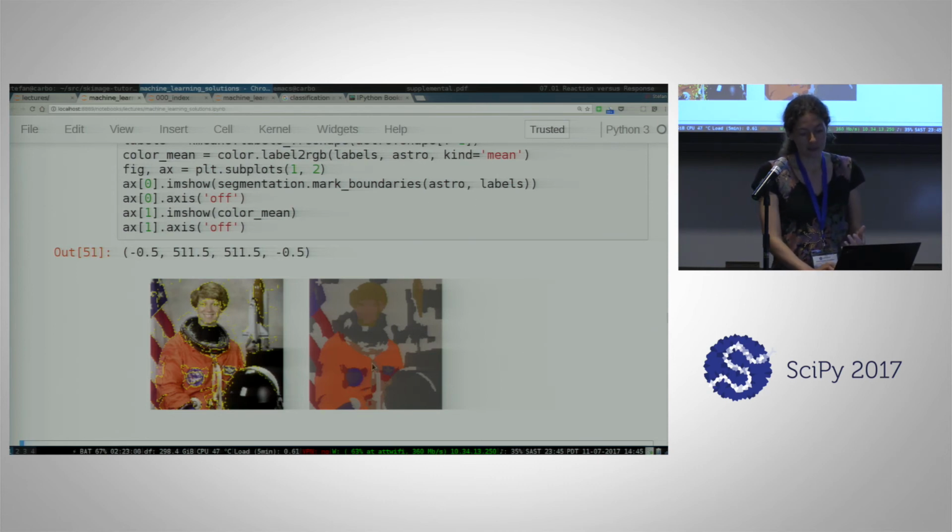So for superpixel segmentation, usually asking for a large number of superpixels is a good idea, because it already reduces the amount of information a lot that you have in your image, and after you can always do other operations on the superpixels, because with superpixels you never obtain from the start the segmentation that you want. You need a second step. So it's better to have a large number of superpixels that will follow the edges of your image well, and after you do the second step that you need to.